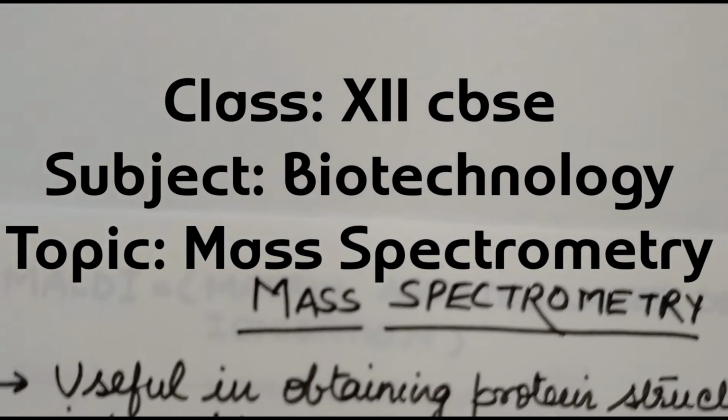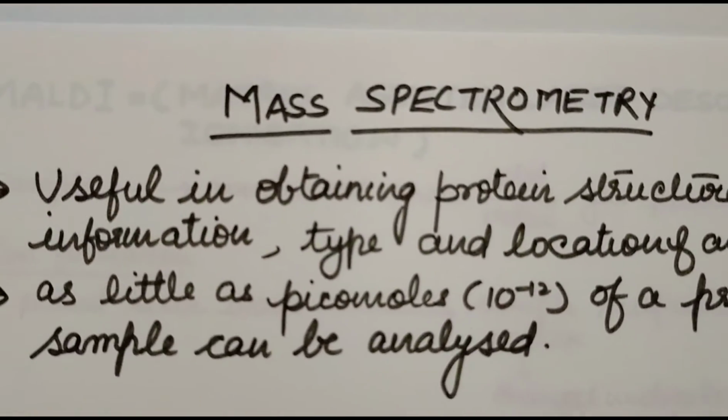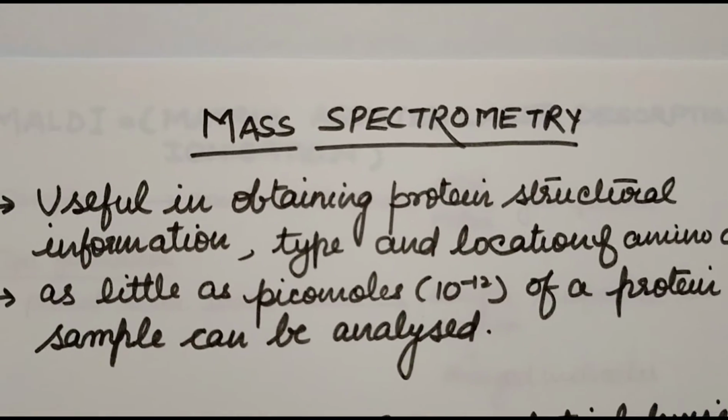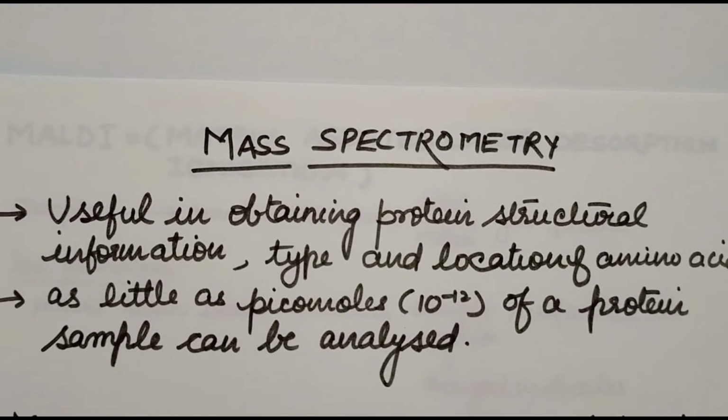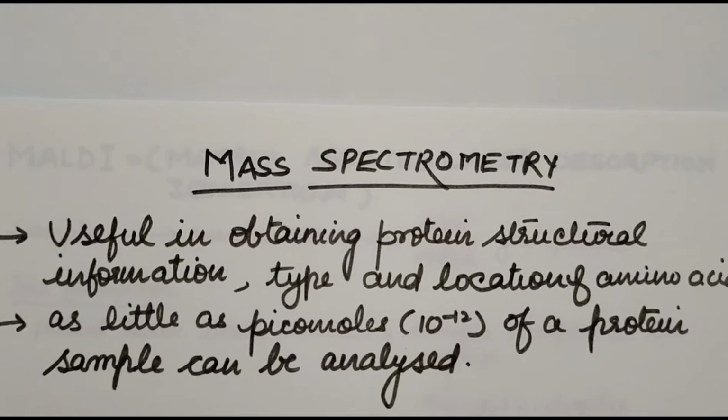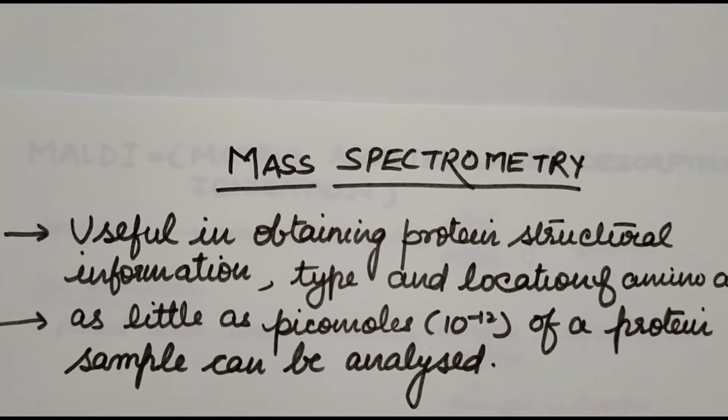It is very useful because with the help of this technique we can obtain protein structural information, where the amino acids are located and what the types of amino acids are.